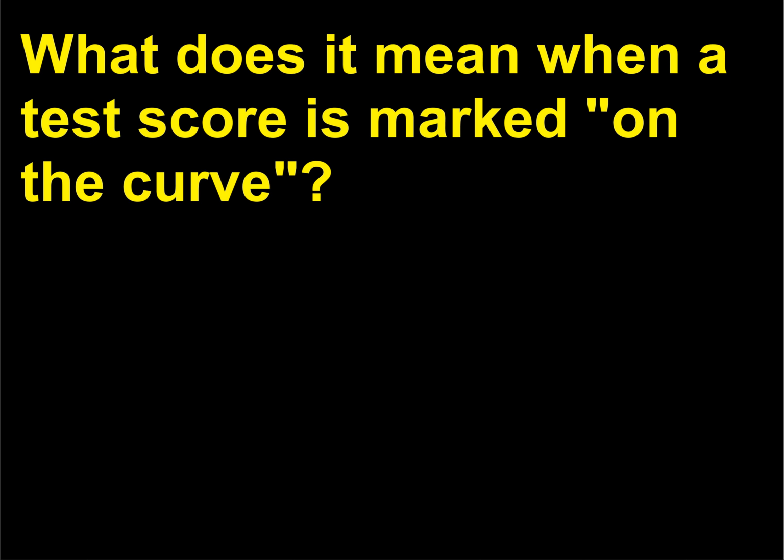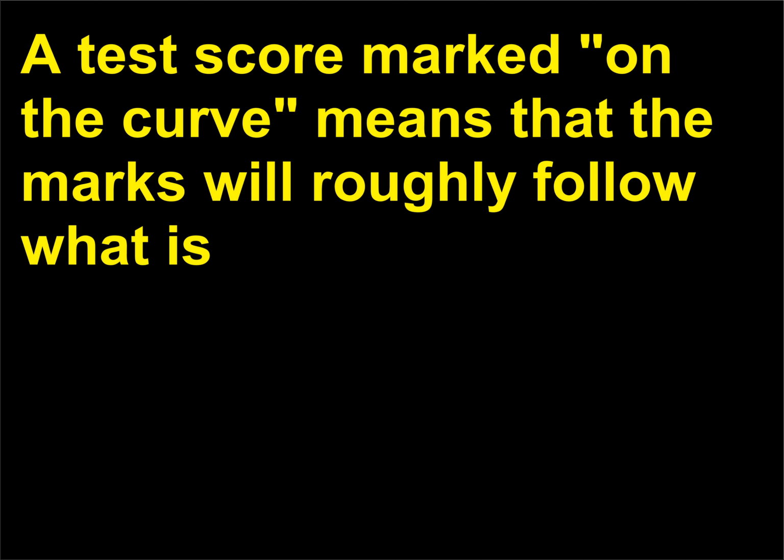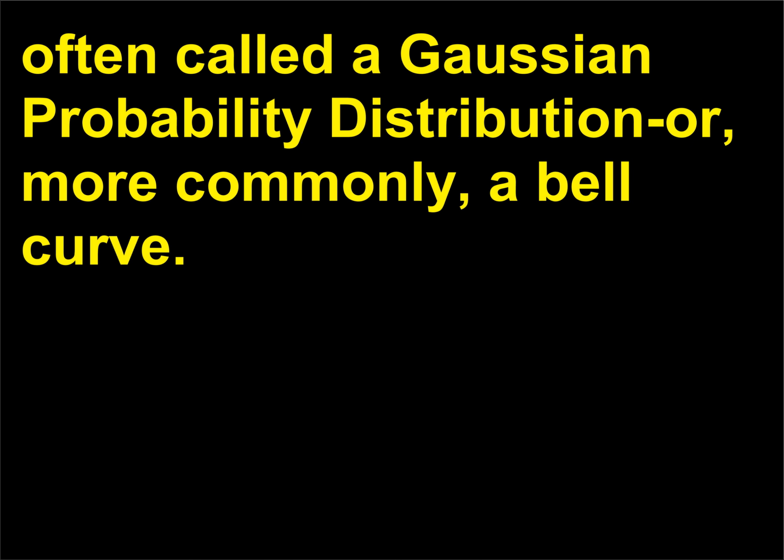What does it mean when a test score is marked on the curve? A test score marked on the curve means that the marks will roughly follow what is often called a Gaussian probability distribution or, more commonly, a bell curve.